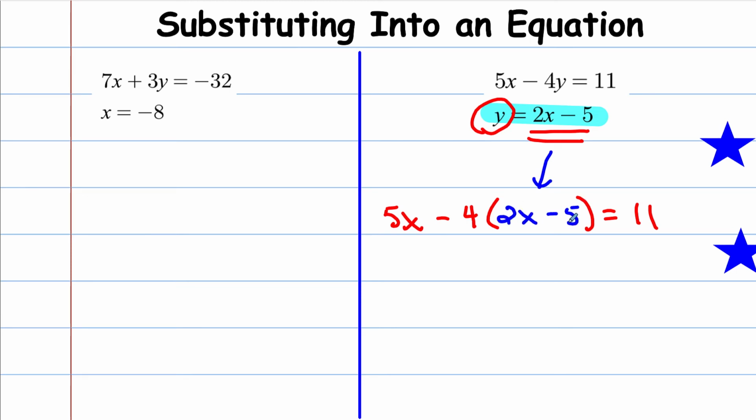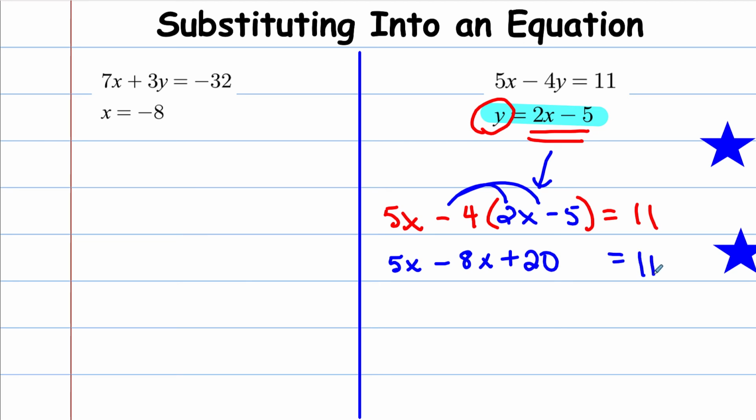Now, as we learned previously, we use the distributive property and simplify. So we have 5 times x, negative 4 times 2x is negative 8x, negative 4 times negative 5 is positive 20, and it's still equal to 11.